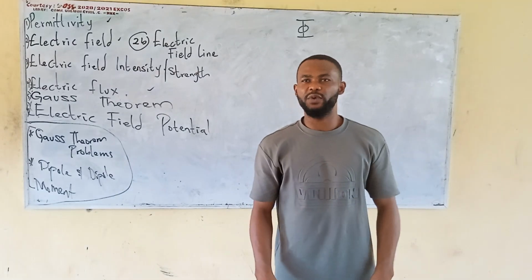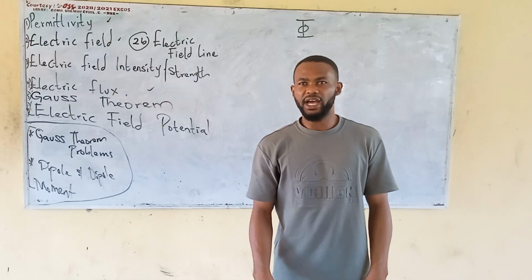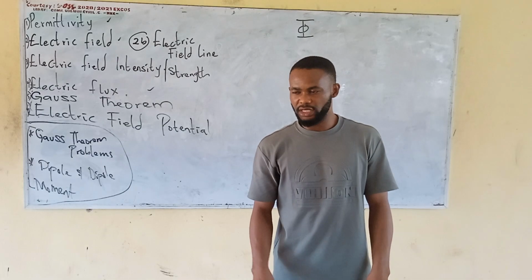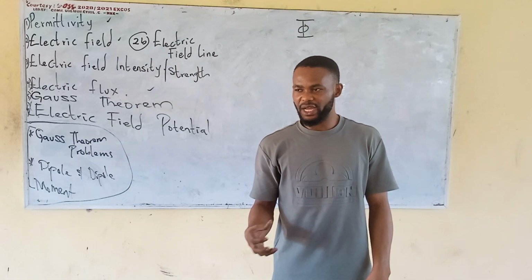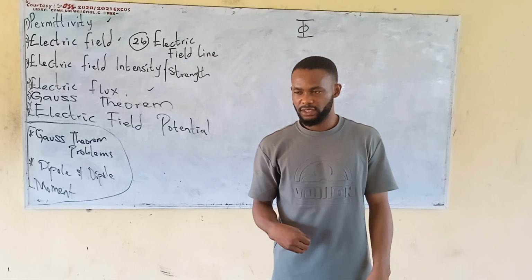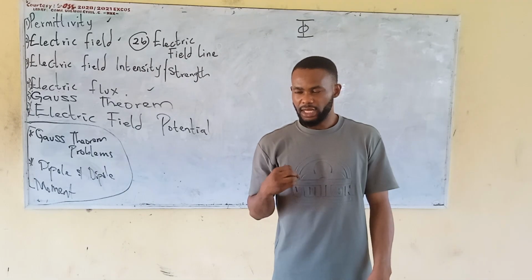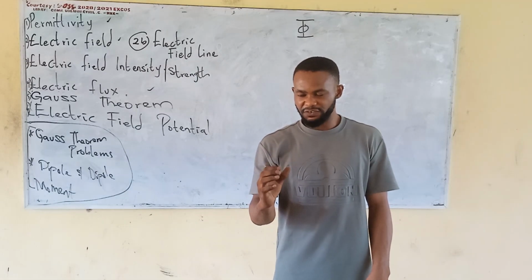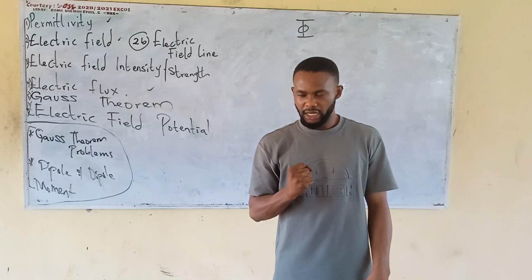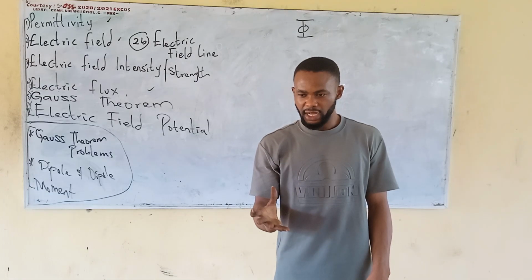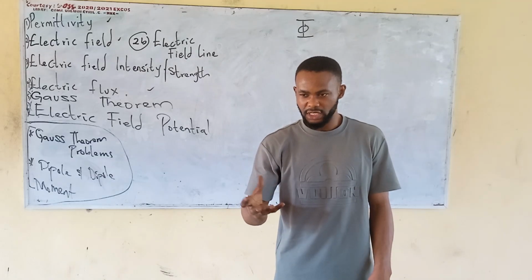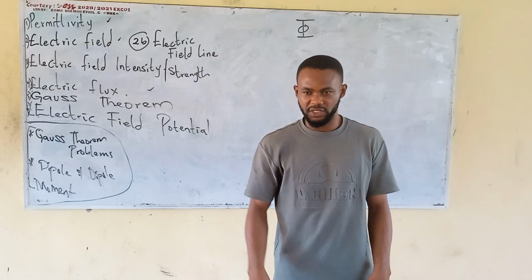I'm looking for another way to put it. I know that electric field intensity talks about force per unit charge. Electric field flux is simply saying the electric field you have on an area, how strong it is, and how many of it you have on that particular surface.